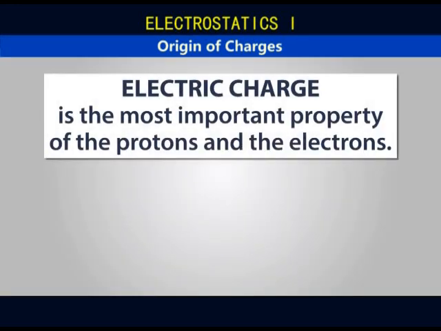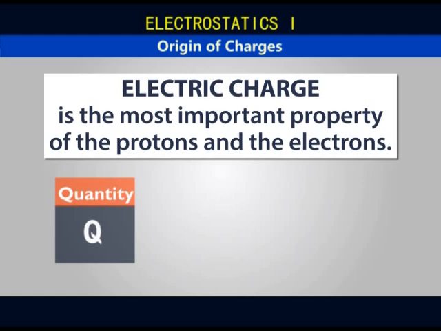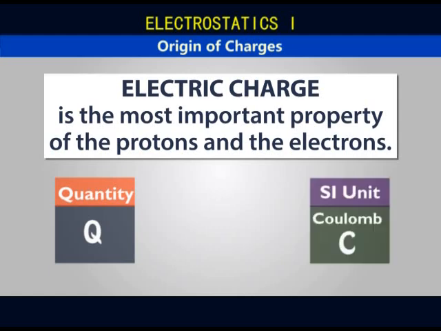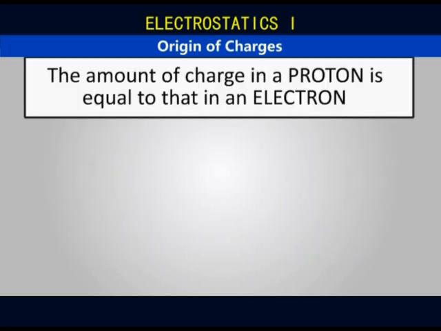The electric charge is the most important property of protons and electrons. The quantity of charge is denoted as Q, and the unit of charge is coulomb, denoted as C. Objects can be positively or negatively charged. So Q can have a positive or negative value. The amount of charge in a proton is equal to that in an electron.